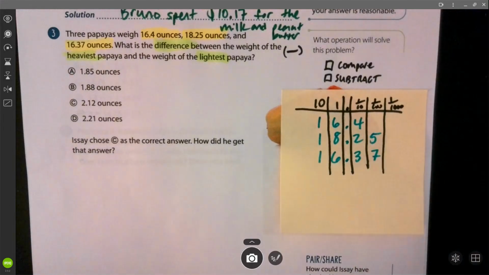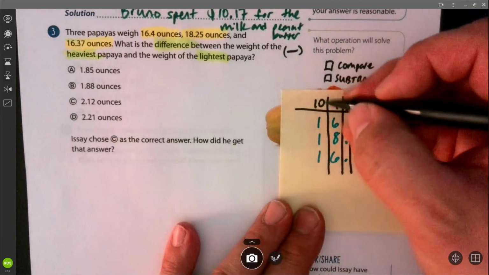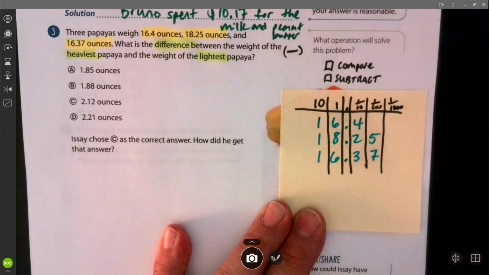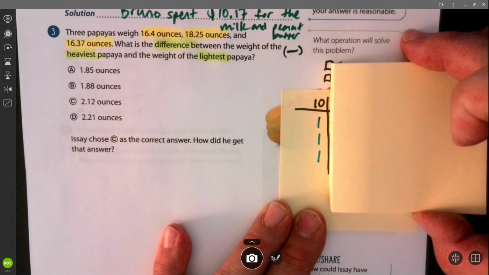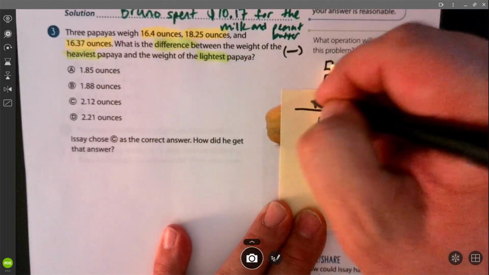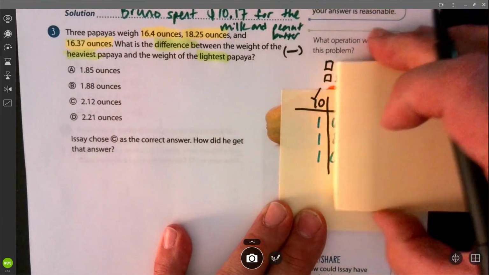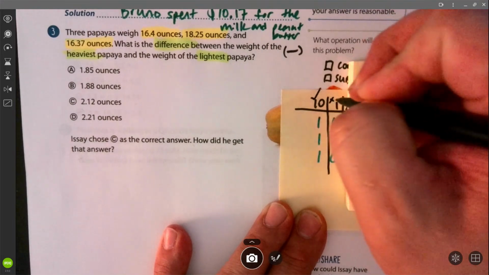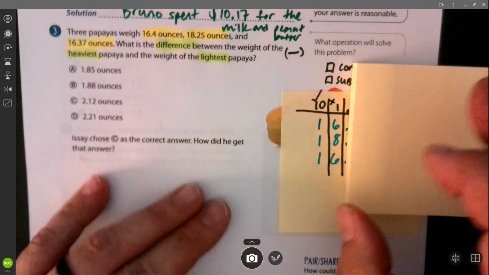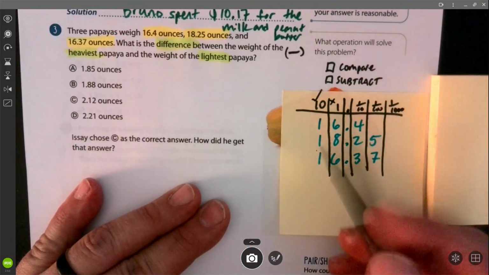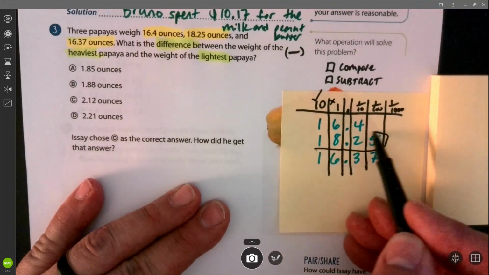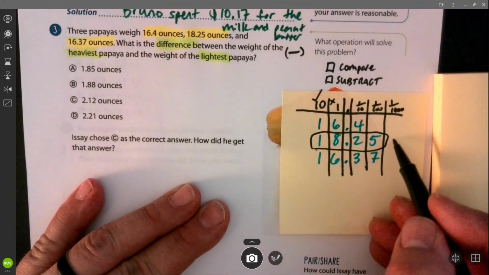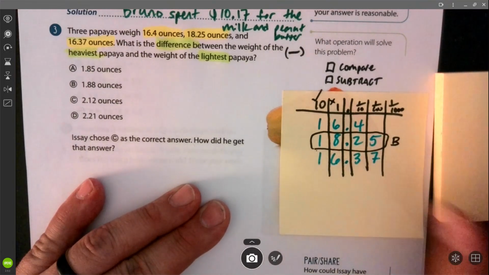When we compare, we start over here at the largest place value and ask, are you all the same number? If yes, check. How about you guys? Are you the same number? No, you are not. What's the biggest number? 18 and 25 hundredths. That is the biggest, or the heaviest.